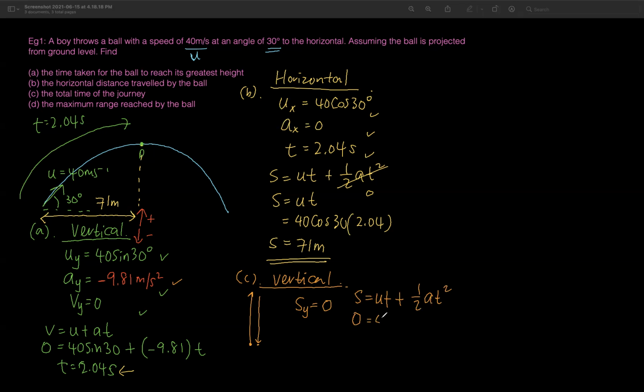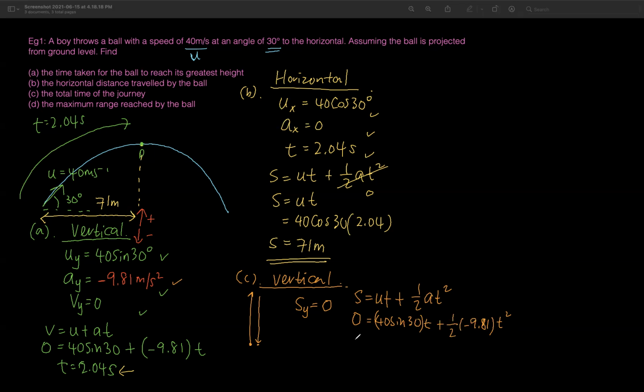Okay, so ut, all right, so 40 sin 30. Time we want to find, right, so we write t unknown plus half times minus 9.81 t square. Solve the equation.